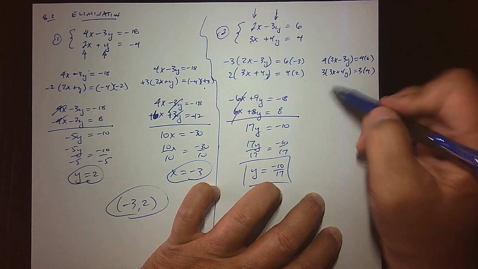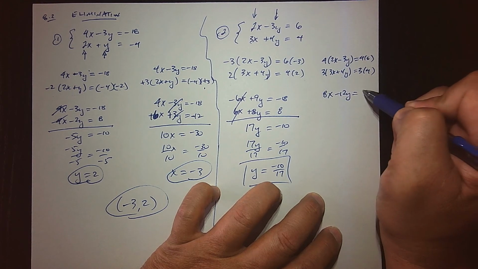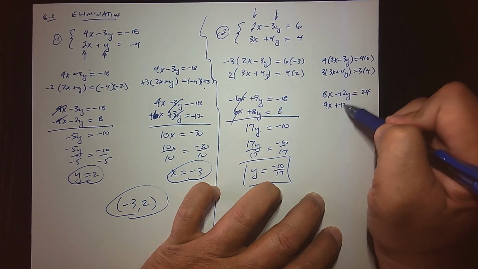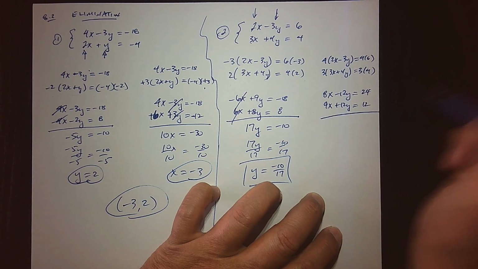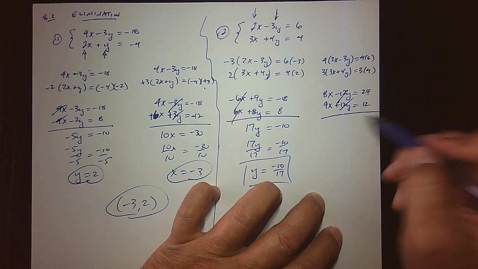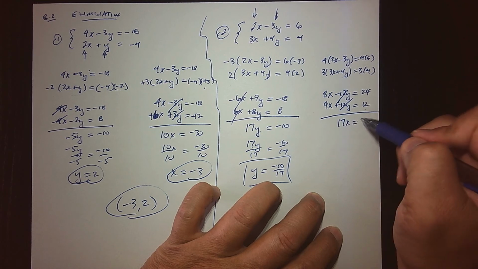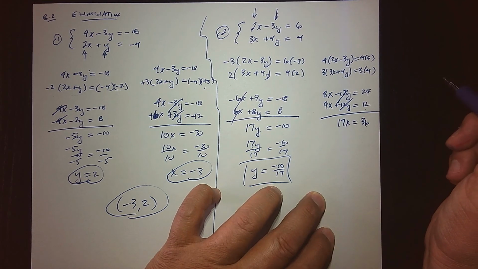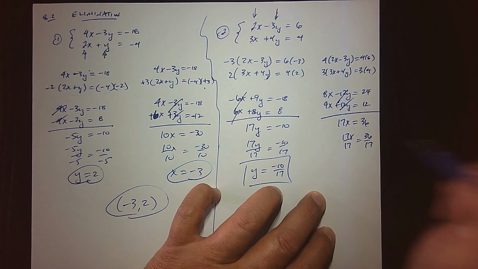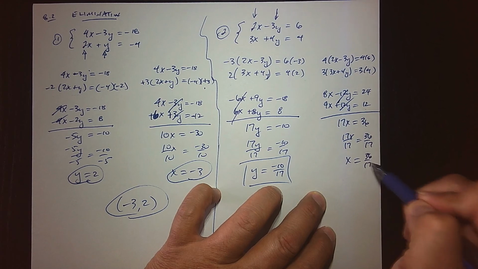That's going to create a new system: 8x minus 12y equals 24, and 9x plus 12y equals 12. Y's cancel out like I designed. 8x and 9x is 17x, 24 and 12 is 36. If we divide both sides by 17, we get that x is 36 over 17.